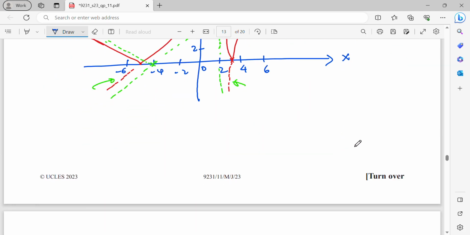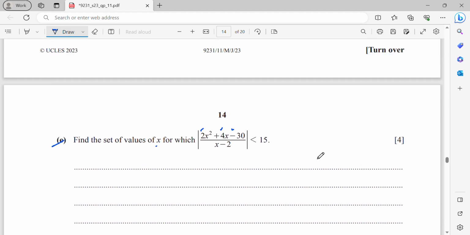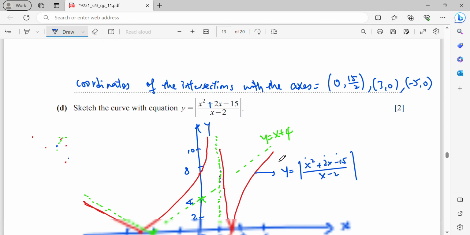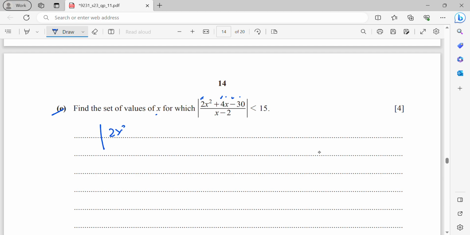Okay, so now part C or E, find the set of values of x for which this modulus is less than 15. So now when you compare with the previous modulus, the coefficients for the numerators are 1, 2, minus 15. But then here becomes 2, 4, minus 30. It means that it's double of the previous. So now I can just write down this inequality.